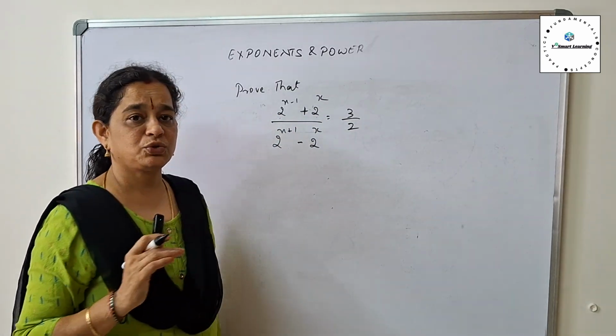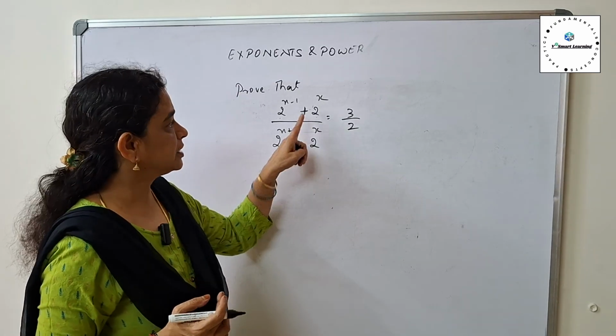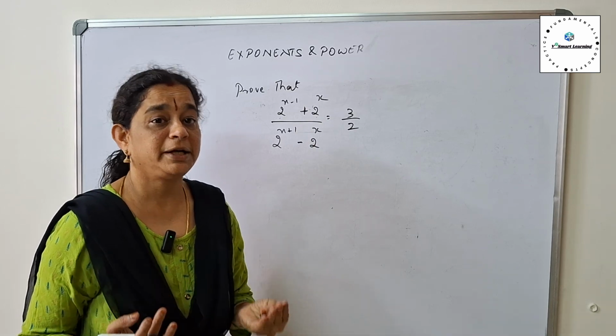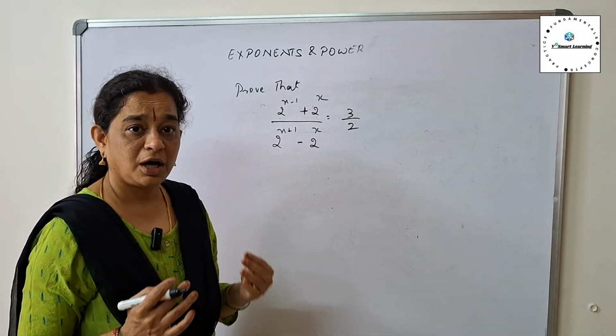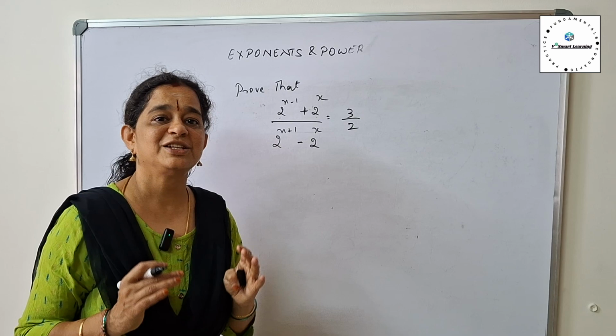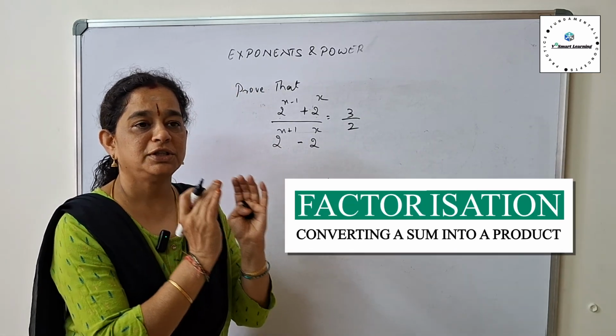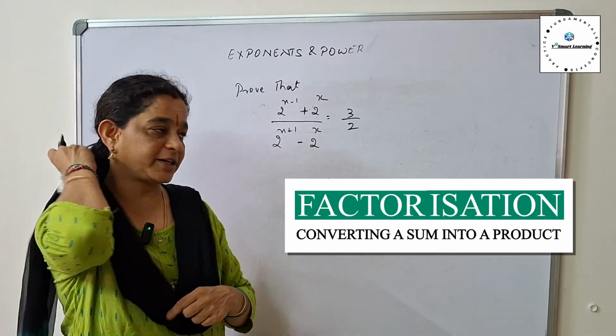So how do you do it? The only way to apply the laws of exponents is to convert these positive and negative signs into multiplication or division. The only way is to pick out the common factor. In that way, you convert it into a product of two expressions.